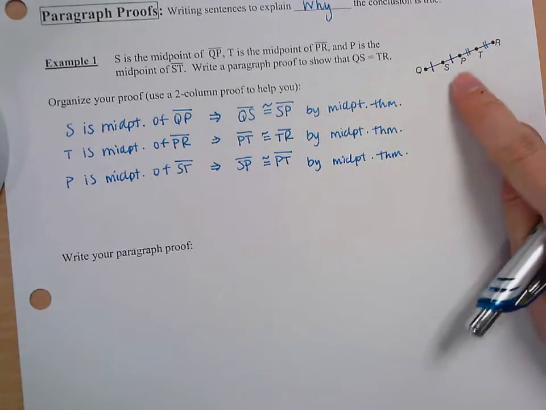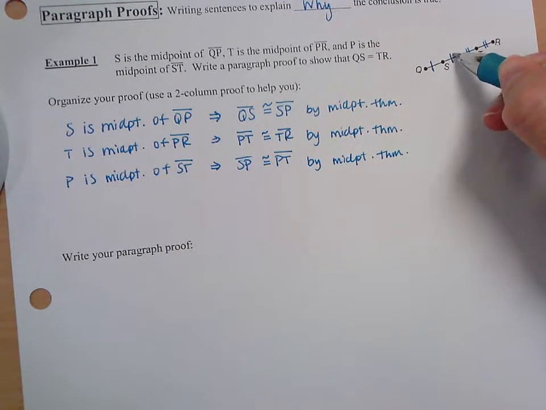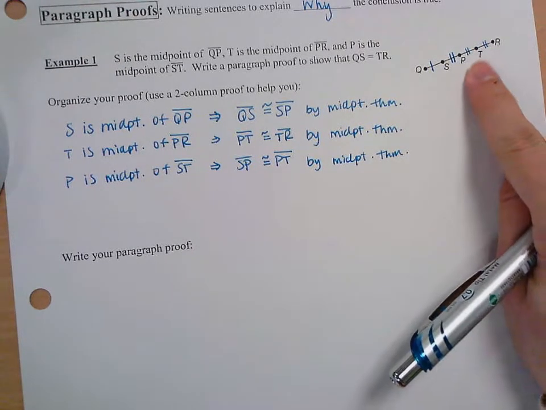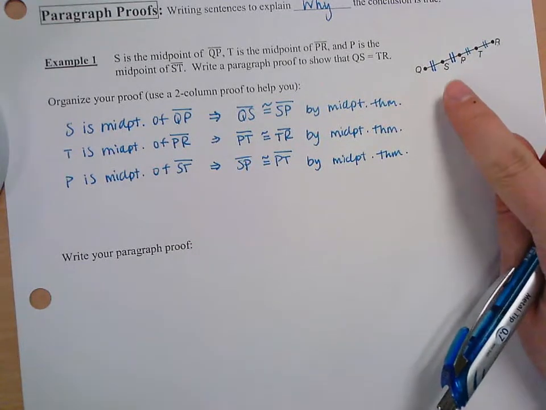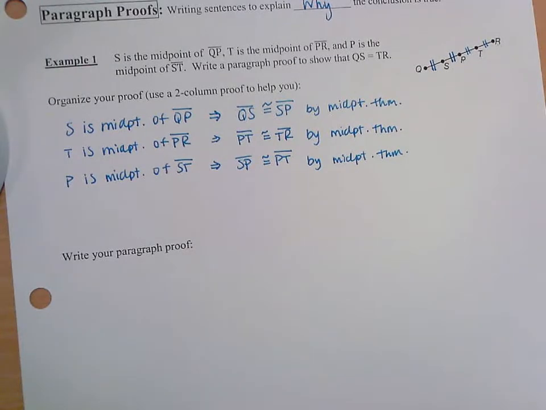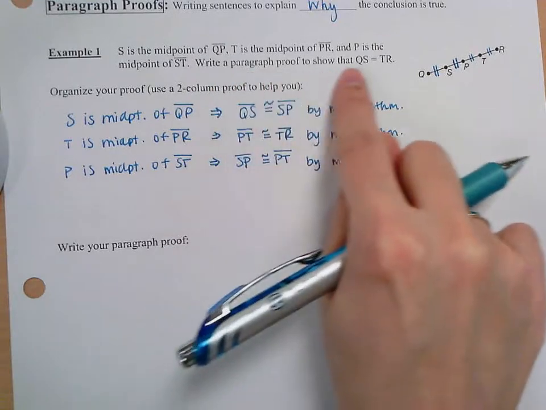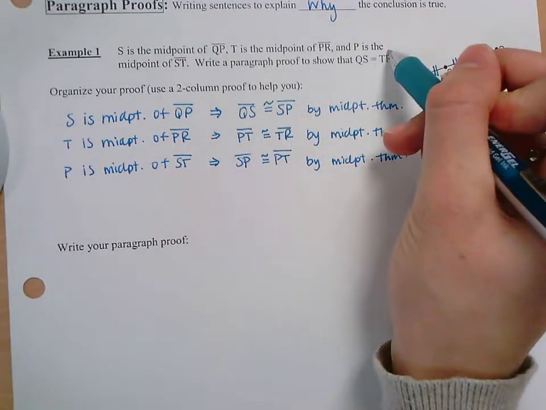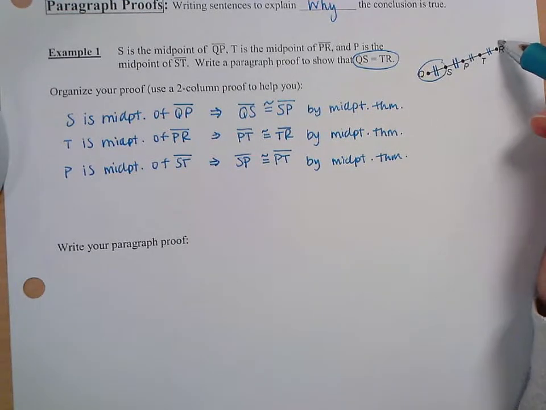So notice how I labeled my picture. SP here, I could put 2 tick marks because I know it's congruent to PT, meaning this one also has 2. So by reasoning, these are all congruent to each other. Those 4 smaller segments are all congruent to each other. However, I'm trying to now get to a point where I can say that QS, so this segment, is equal to TR.